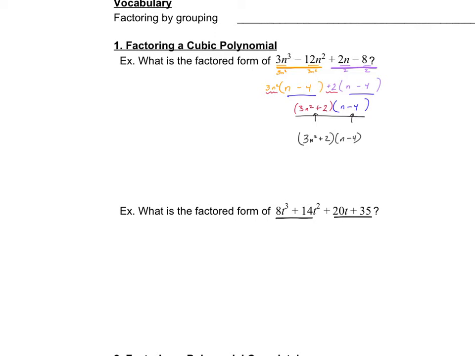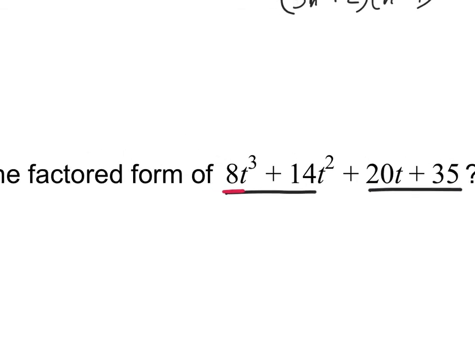So what is the factored form of 8t cubed plus 14t squared plus 20t plus 35? All right, so again, taking the first two terms, the greatest common factor happens to be 2t squared. I can factor 2t squared out of both of those terms, leaving behind 8t cubed divided by 2t squared, which becomes 4t, and then plus 7.